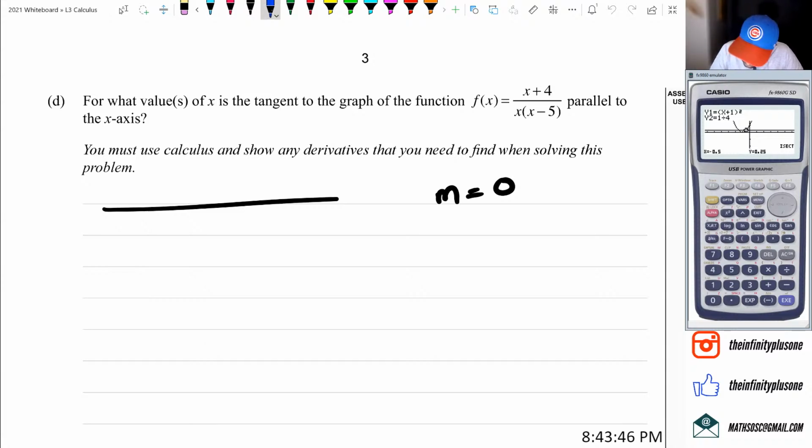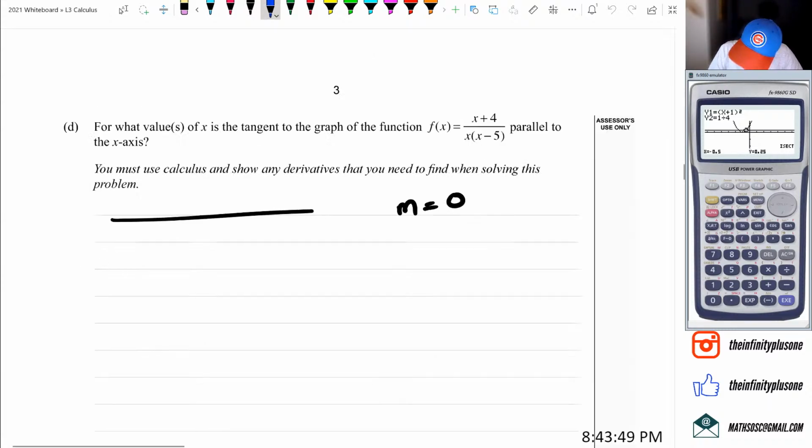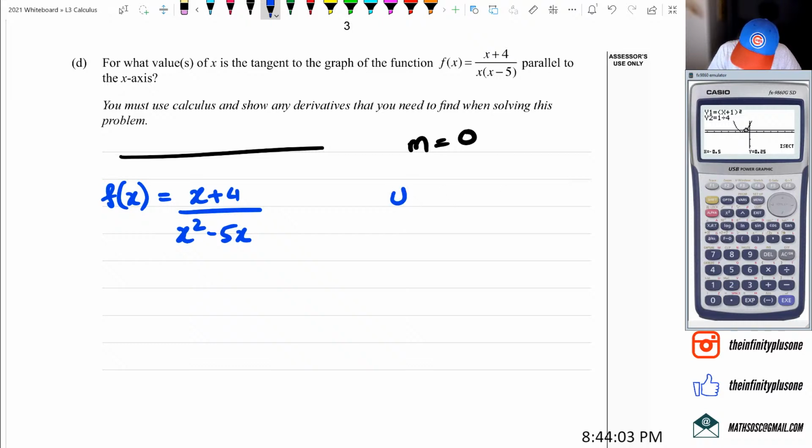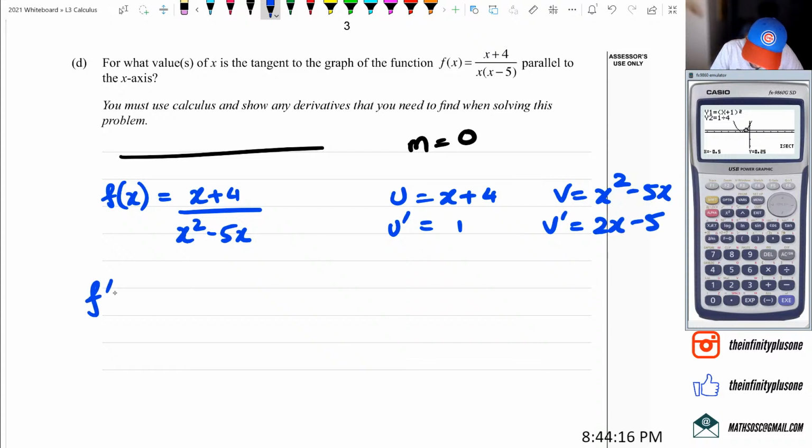And yes, quotient rule, that's what we're going to be doing. So we've got f of x is x plus 4 divided by, I'm going to just expand it because it's easier, x squared minus 5x. Now, I'm going to put u as x plus 4, which means u dash is equal to 1, v is equal to x squared minus 5x, v dash is equal to 2x minus 5, which means f dash of x is u dash v minus uv dash divided by v squared.